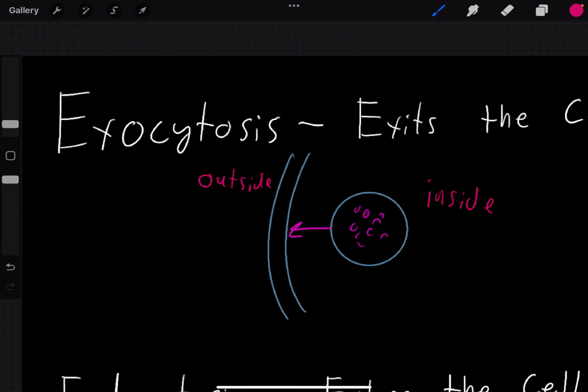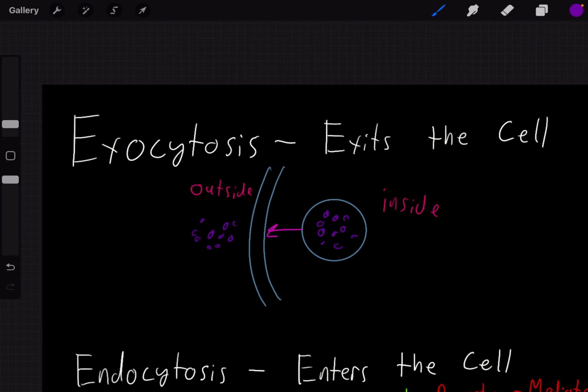So whatever's inside the cell going outside will be called exocytosis. Whatever is exiting the cell is exocytosis. Since this solute is going to go outside the cell, it's called exocytosis. It's pretty much that easy.